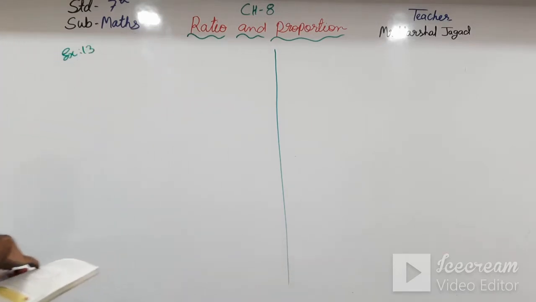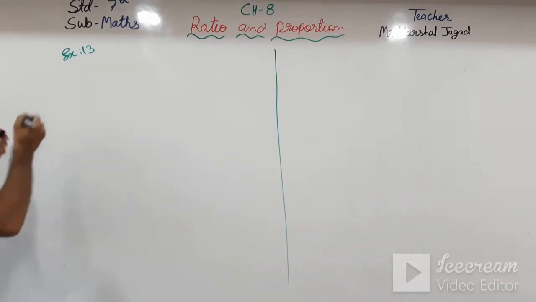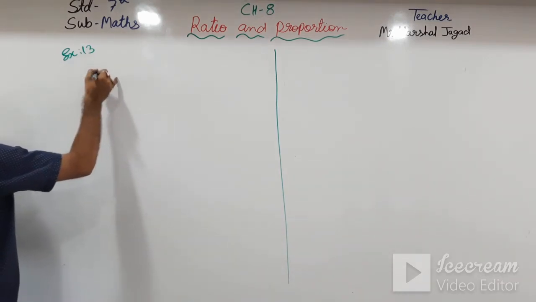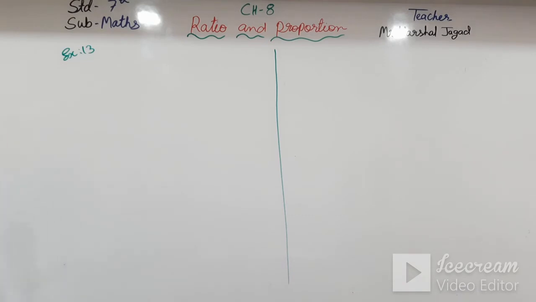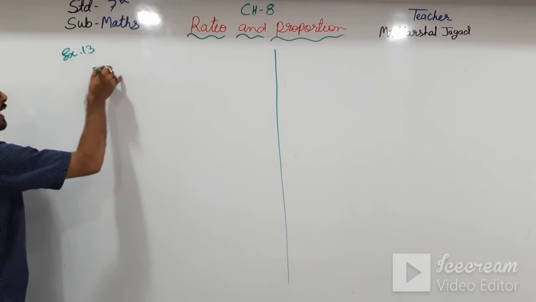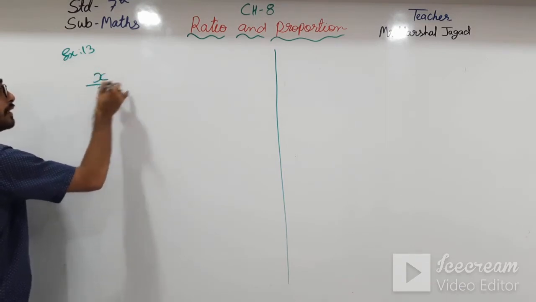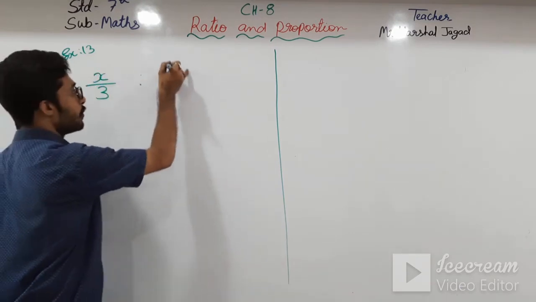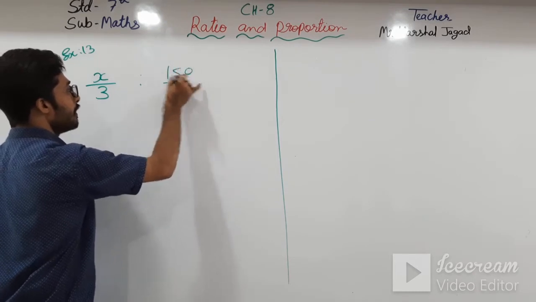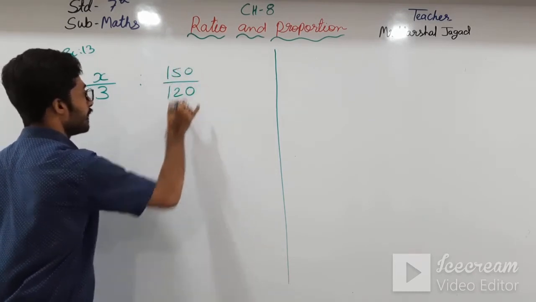So first of all, what we will do? Time, distance. So the time ratio is what they have given. See, here we are taking x by 3 is proportional to 150 by 120.